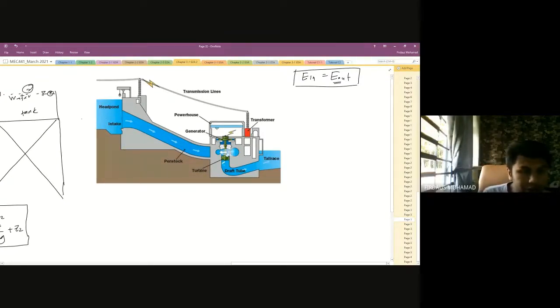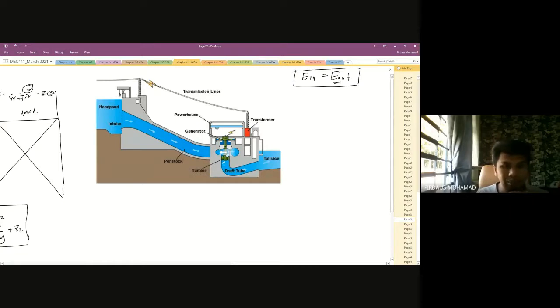Kita belajar hydrostatic pressure. Pressure dalam air ni sangat tinggi. Lagi dalam air tu lagi tinggi dia punya pressure, tekanan. Okay, so that's why we don't have to use pump in order to supply the power. Sebab fluid power due to the hydrostatic pressure dah sangat tinggi. So that's why we don't have to use pump.